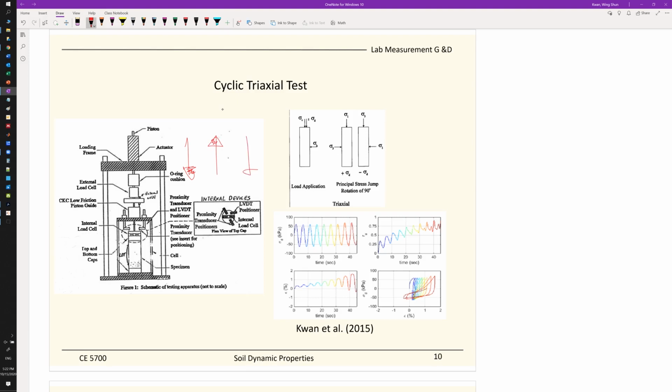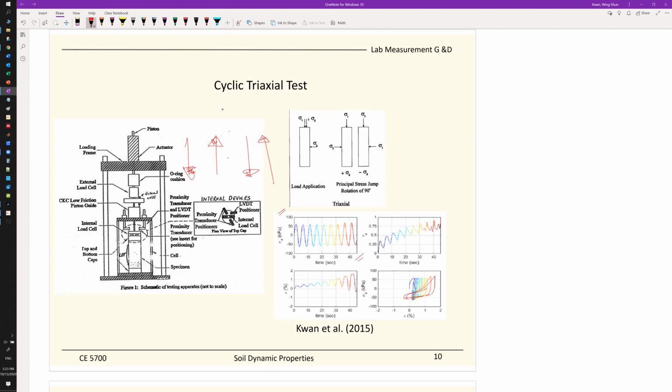But the cyclic test is able to go back and forth, either with air piston systems, or hydraulics, or electromagnetic systems that have control. And the ASTM standard I also uploaded on Canvas. It specifies what kind of control you need to have, down to the positions for generating those stress histories.